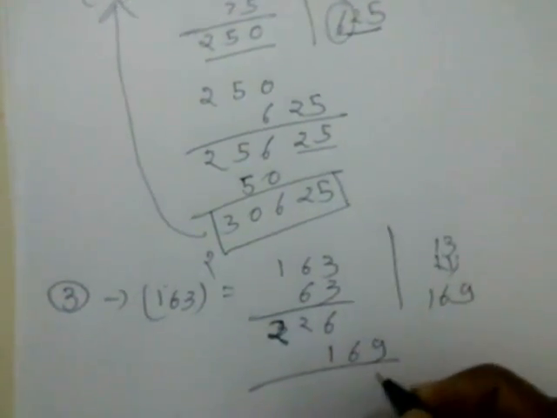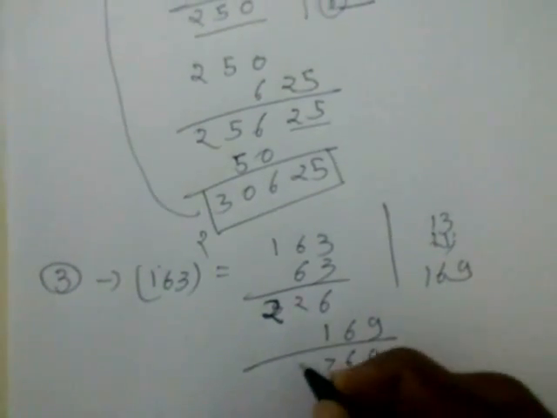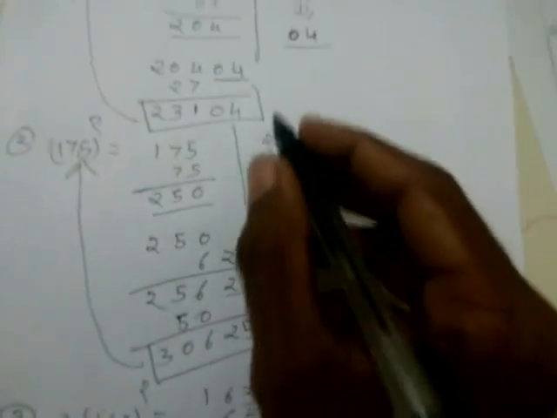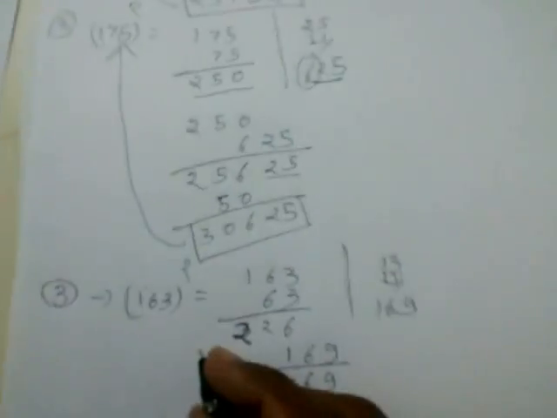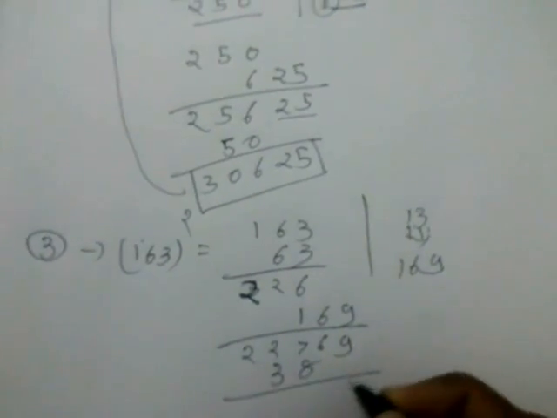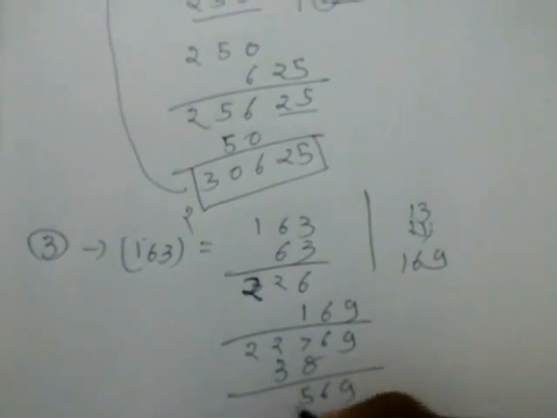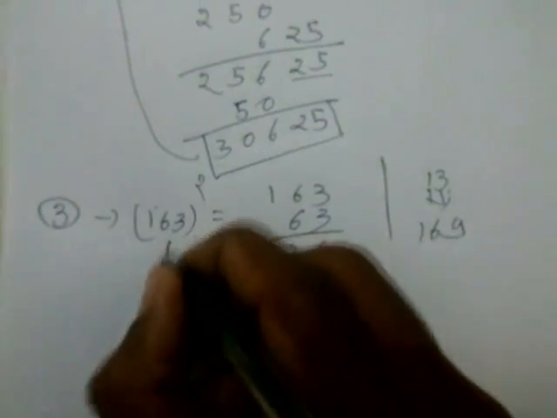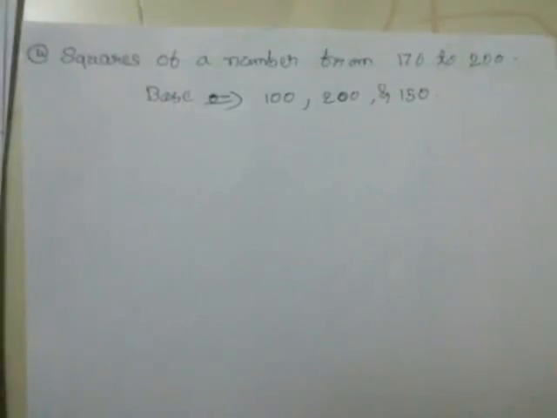Make the combination, we get 22769. The difference of 163 and 125 is 38. 26569.